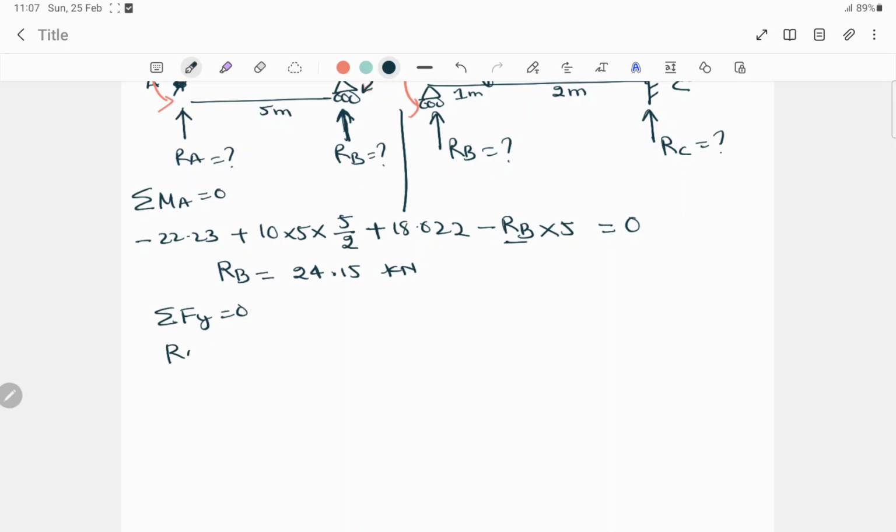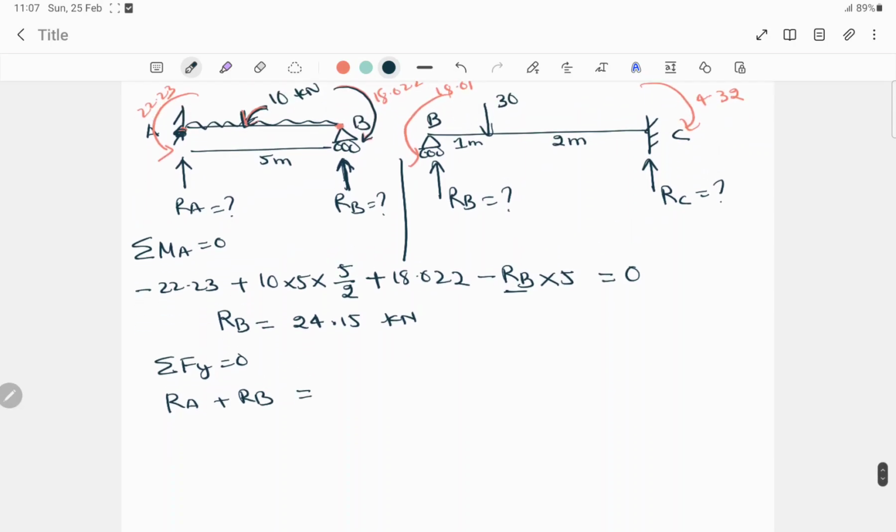That will be RA plus RB is equal to... here, the sum of all the upward forces is equal to the sum of all the downward forces, right? So here the upward forces are RA and RB, and the downward force will be 10 into 5, right?